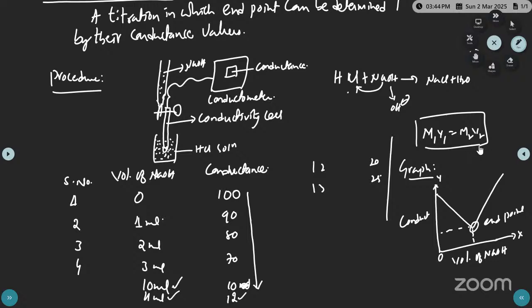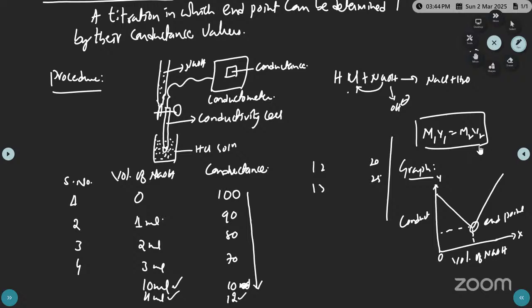So far, what topics have we completed? Cells, types of cells, electrochemical cell, electrolytic cell. In the electrochemical cell, for example the Daniel cell, its construction, working and representation, and also EMF.